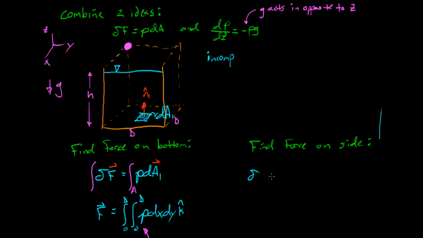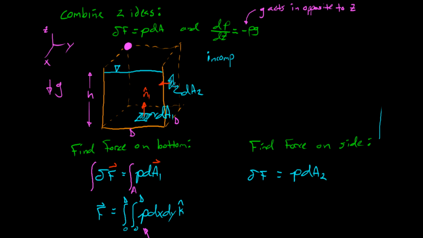Once again, we can say that the differential force is equal to the pressure times a differential area. Only this time our differential area is on the side of the tank. And so just for clarity, I'm going to call this dA2 and put a little subscript 2 there. And again, we can add normal vectors to this to get the vector form.